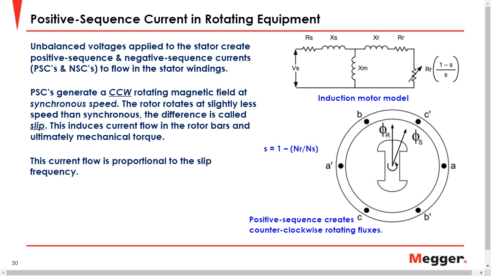Now for a motor, the rotor rotates at a slightly slower speed than synchronous. And this difference is called slip. Now this slip is proportional to the current flow that's induced in the rotor bars, and also ultimately the mechanical torque that's available.